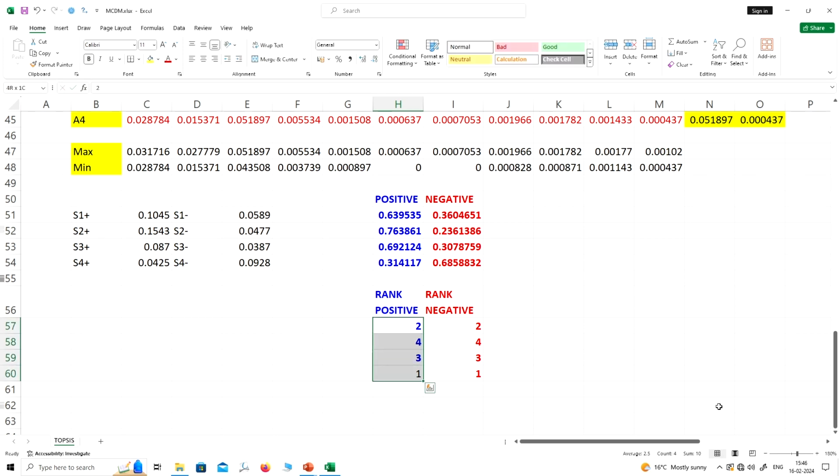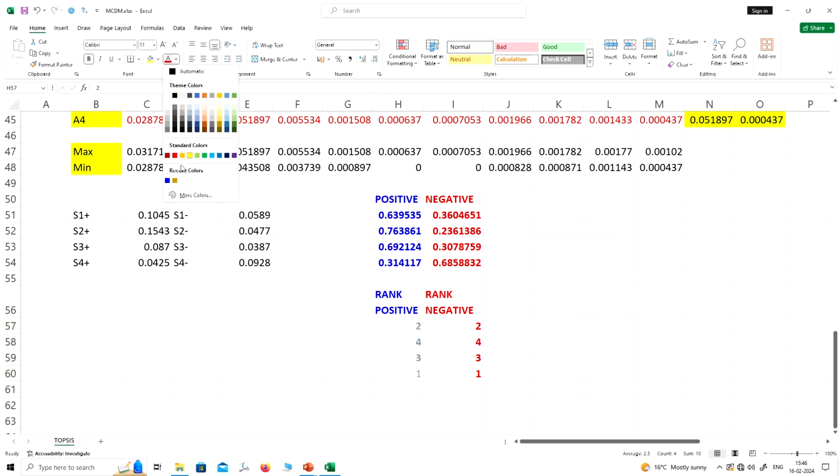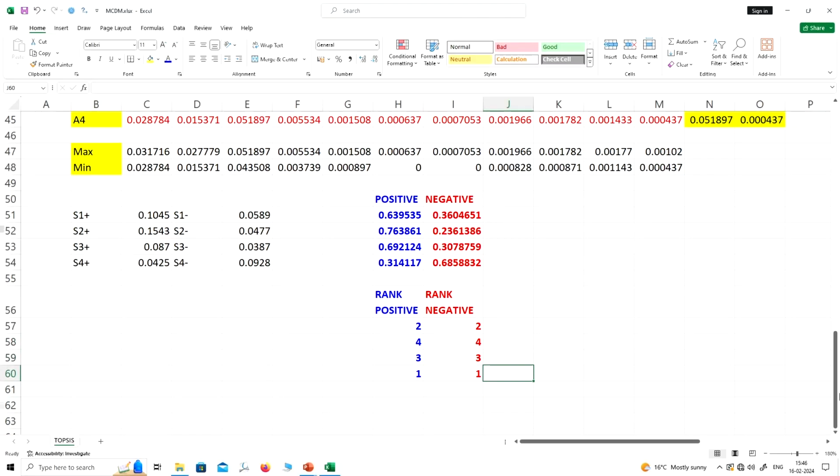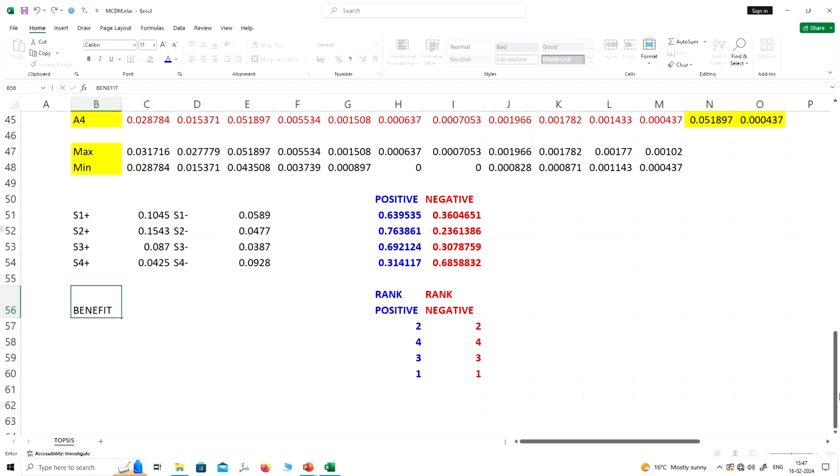Now, see the discussion here, and this is more of a discussion which we will analyze here. Now, if I consider all the 4 alternatives, in the benefit side, obviously, the ranking is always on the benefit side, which is based on positive.